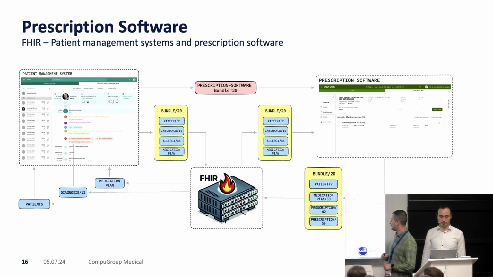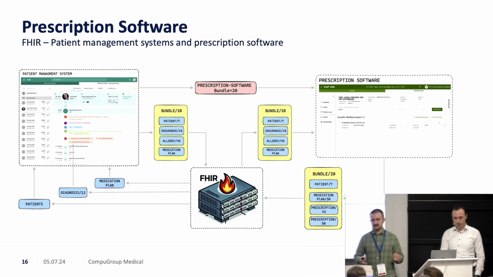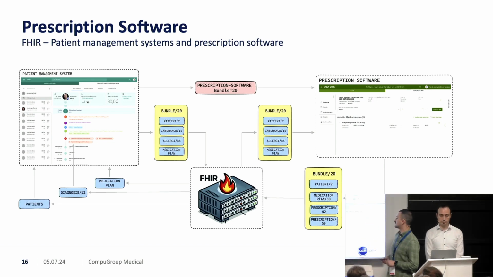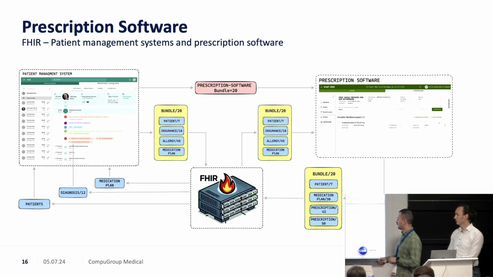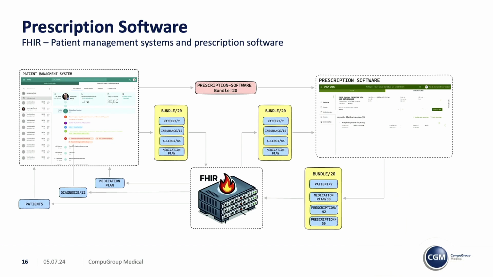And once you do that, again, you'll use a bundle, but now with all the resources that you have created. So for the case of Stefan, we created 2 prescriptions and a medication plan. So of course, we're going to have him as a patient, and a new medication plan, and the 2 prescriptions. And basically, that ends the whole circle of life in FHIR, let's put it this way, where you always communicate through FHIR.